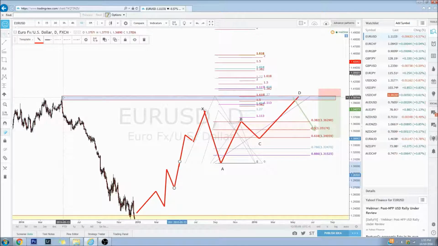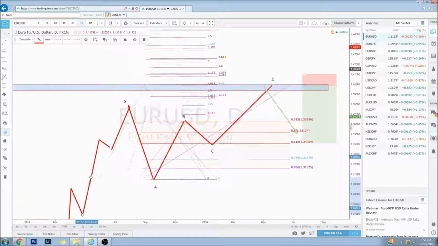It's coming into a previous structure on a higher time frame. Very good opportunity to take this. So I hope that makes sense.